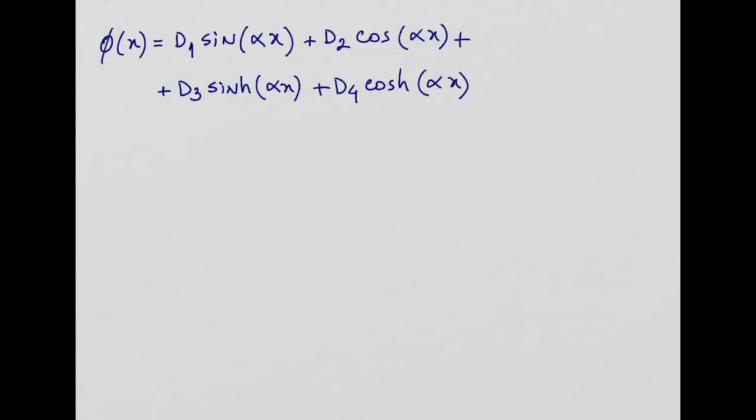All right, so we are going to assume a solution in this form involving sines, cosines, and hyperbolic sines and hyperbolic cosines. These d1 to d4 are obtained from the boundary conditions.